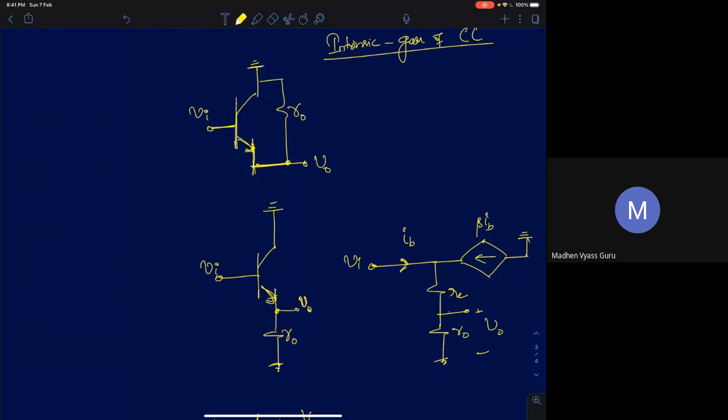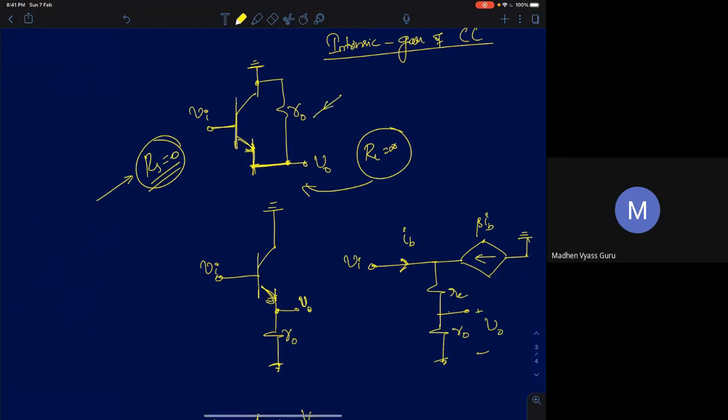To find the intrinsic gain, or the maximum possible gain, in a common collector configuration, I've made RL infinity. I've open circuited the load and short circuited the source resistance. RS is 0 and RL is infinity. By doing so, I'm left with only R naught at the output.